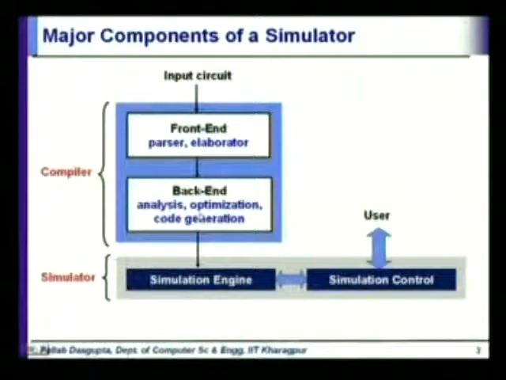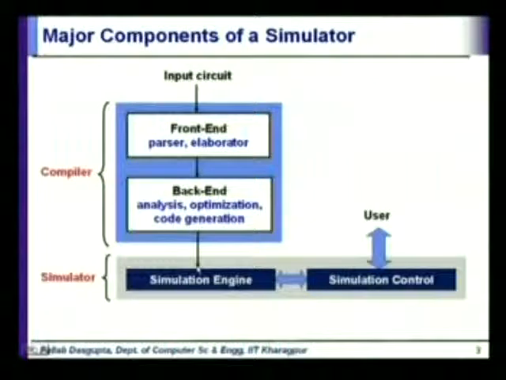What the compiler does is it produces some form of code. That code could be a high level language code like C or C++. It could be abstract language code which is interpreted by the simulator, or it could be pure machine code directly generated by the compiler.